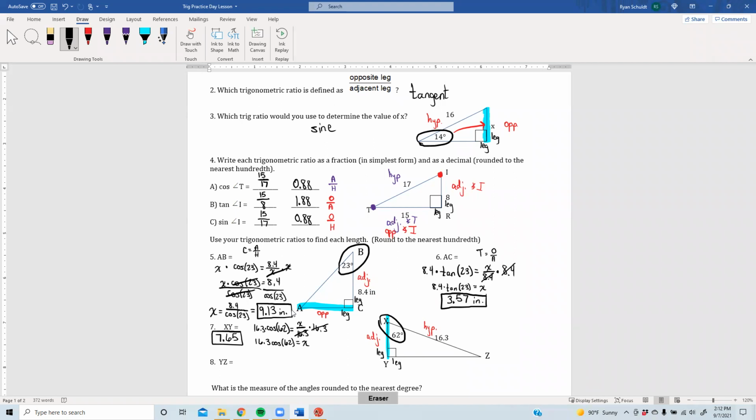Okay, next they asked me to find YZ. So now I'm going to be down here. YZ. How does YZ relate to the angle that's given? It's opposite. Which one uses opposite and hypotenuse?